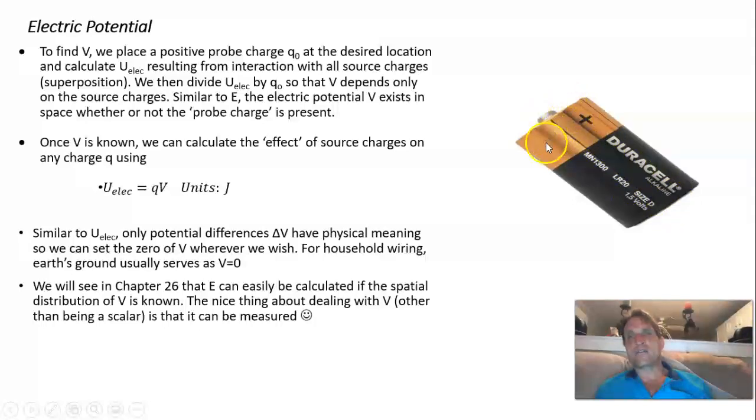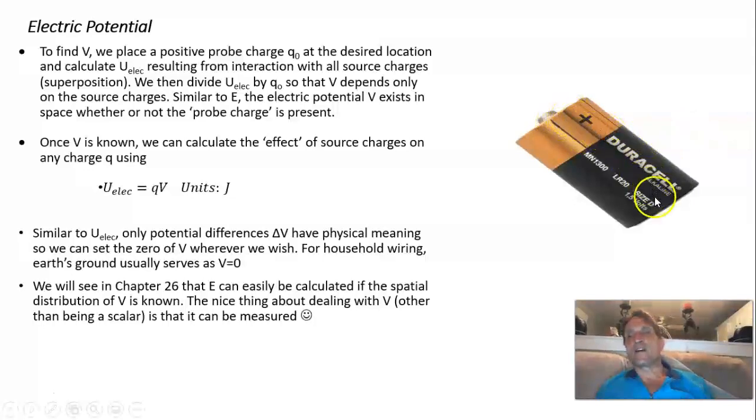Because there's all these positive charges here that are repelling it and trying to push it back. And so if you're trying to get positive charges to go uphill against the gradient, they're going to lose kinetic energy, right? And they're going to gain potential energy. They're going against the gradient. Okay, so the positive charges will gain potential energy.